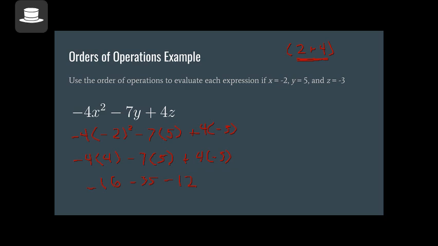I have no division, so I have addition and subtraction left. And so here I just have subtraction, so I'm just going to do it from left to right. So -16 minus 35 is -51, minus 12 is negative 63. So my final answer would be negative 63. You can also check that in the calculator.